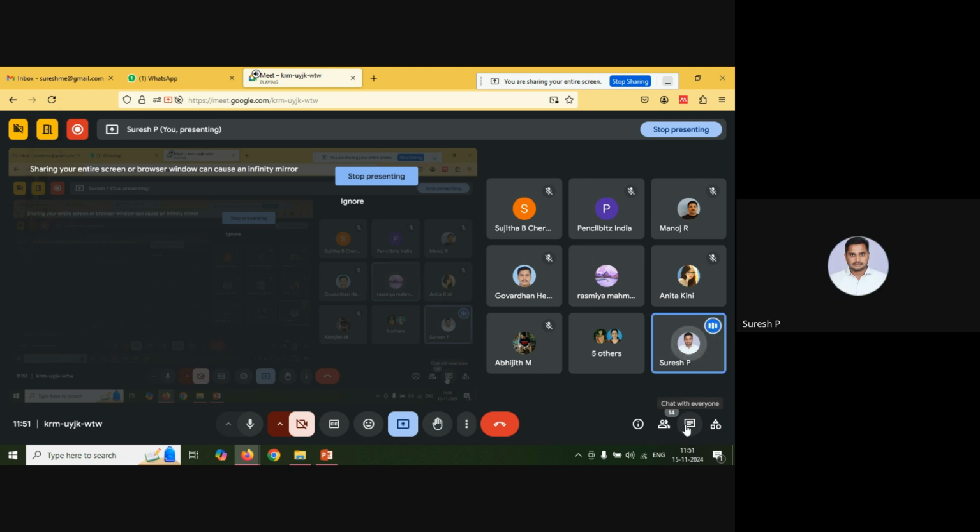Yes, ma'am. There is no criteria. Whenever we have an unlabeled data set, that data set can be given to any one of the clustering algorithms. It can be given to the DBSCAN algorithm, or to the agglomerative clustering algorithm, or to the k-means clustering algorithm.